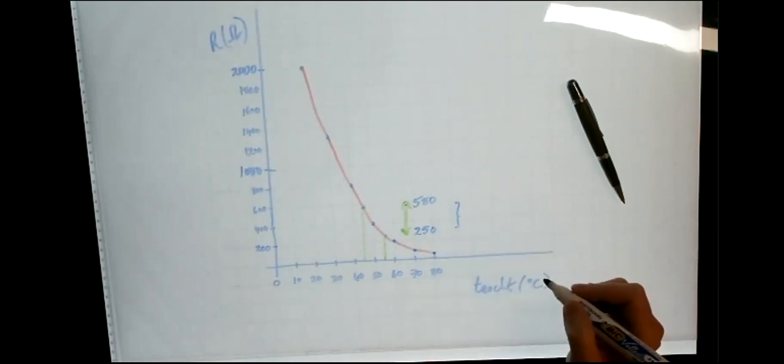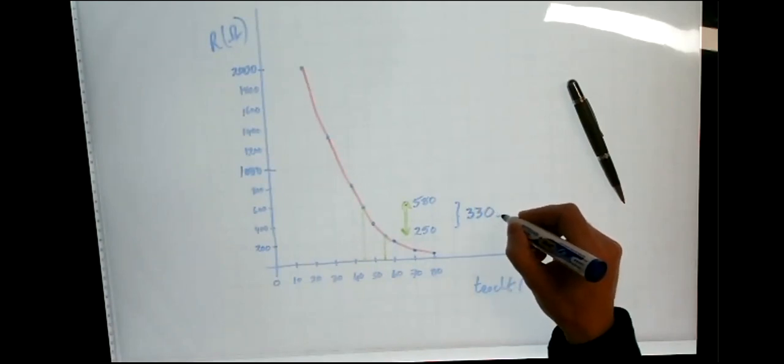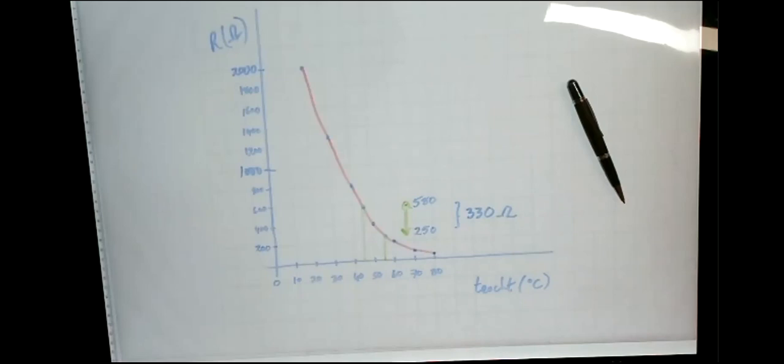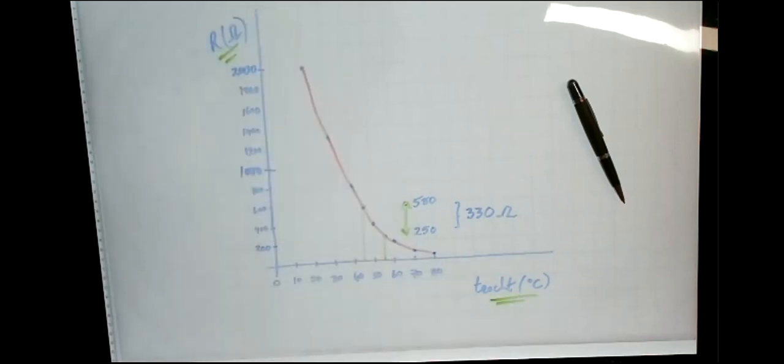So the change is about 330 ohms. Okay, so the variation is worth marks, and the graph needs labels.